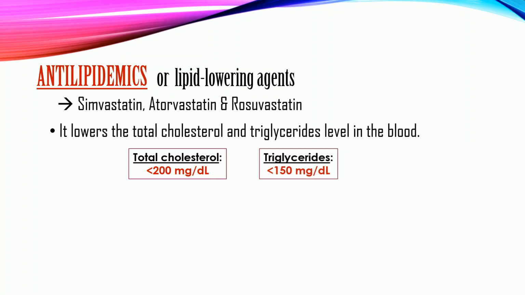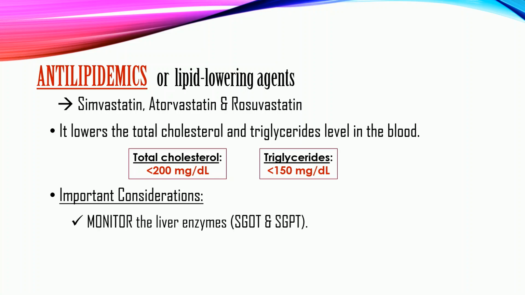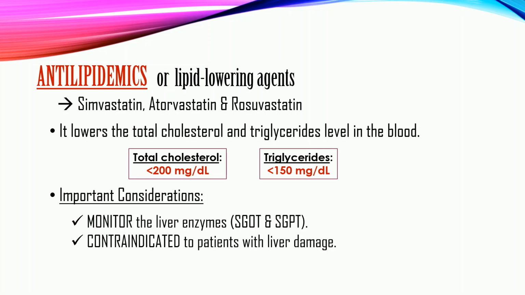For triglycerides, it is less than 150 mg per dl. It is important to monitor their liver enzymes because it may cause an increase in SGPT or SGOT levels. Given these points, it is contraindicated to patients with liver damage.